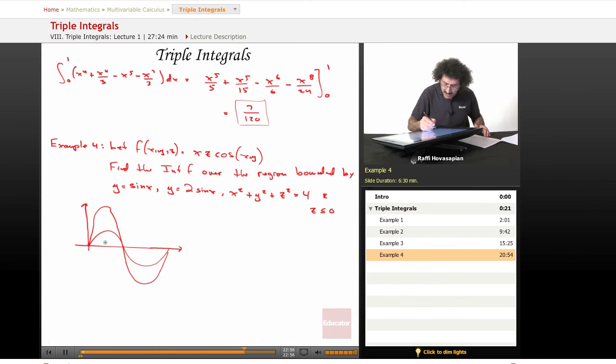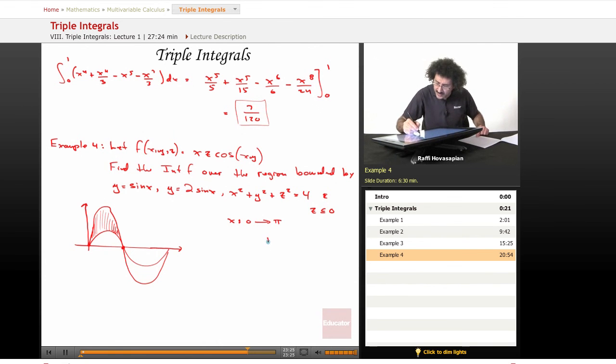So it looks like x is going to run from 0 to pi, from here to here, because we're looking at this region in the xy plane. z is less than 0, so it's going to be everything below this plane. And x squared plus y squared plus z squared equals 4 is the sphere of radius 2. So that's what you've got.